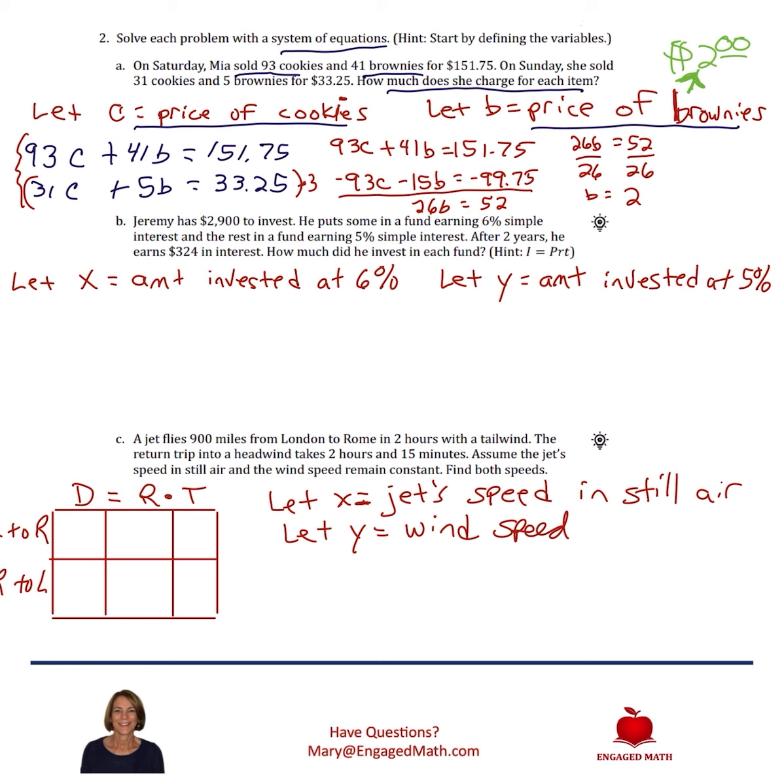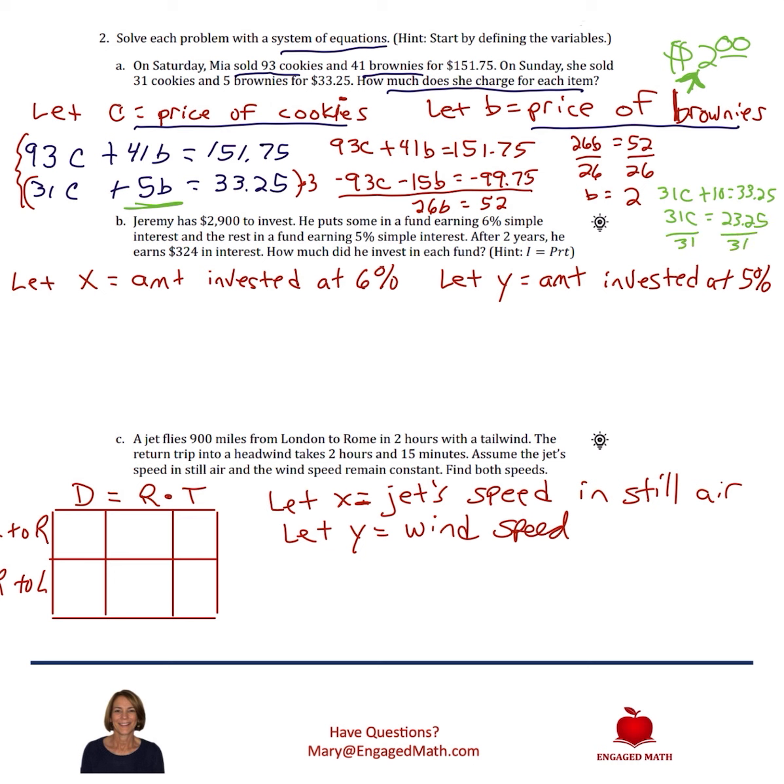I'm going to just use that bottom equation, and what we have is 31C plus, I'm putting 2 in for B, so plus 10 is equal to 33.25. I'm going to subtract 10 from both sides, so I'm going to get 31C equals 23.25.